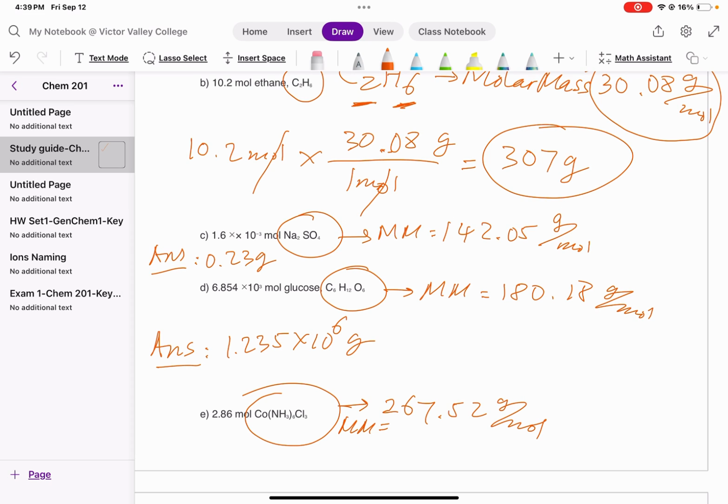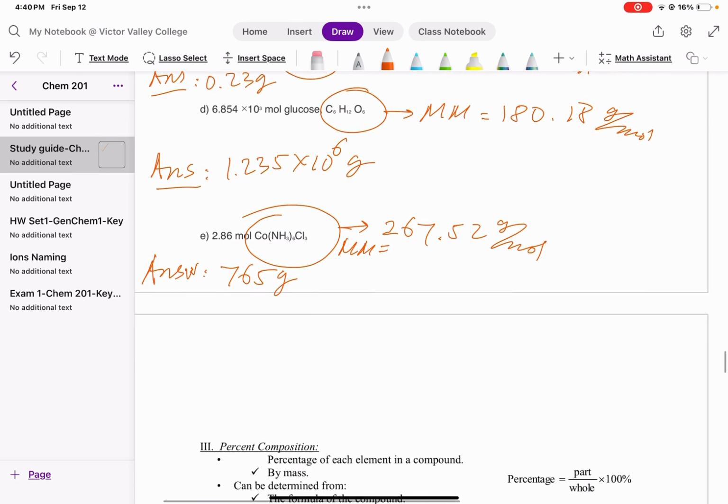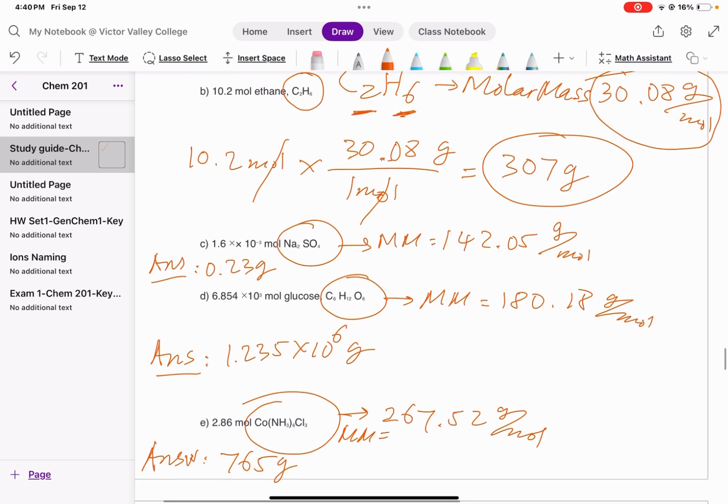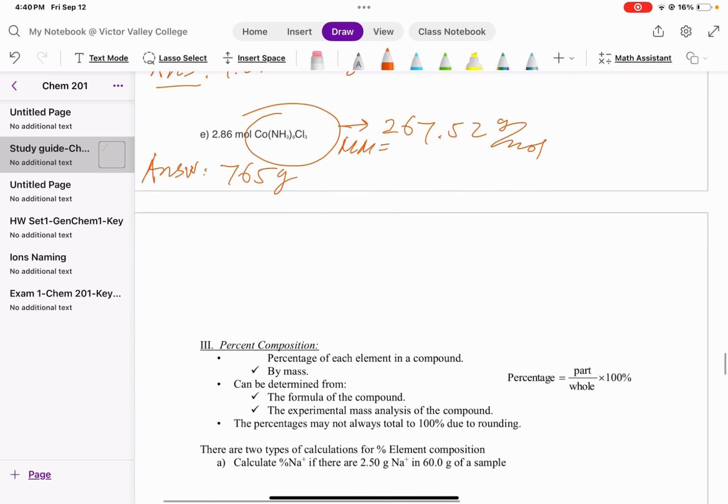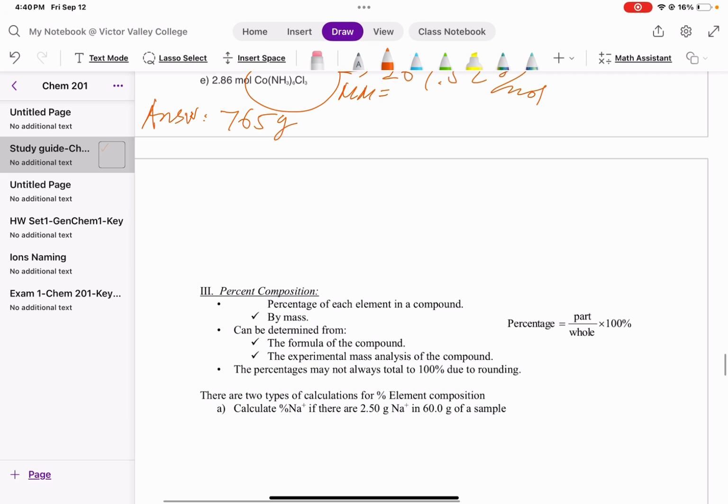And the third one, 765 grams. All right. Okay, so that's good practice for mole calculation stuff.